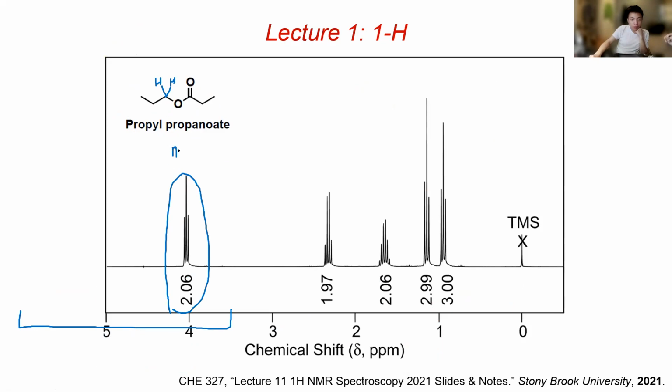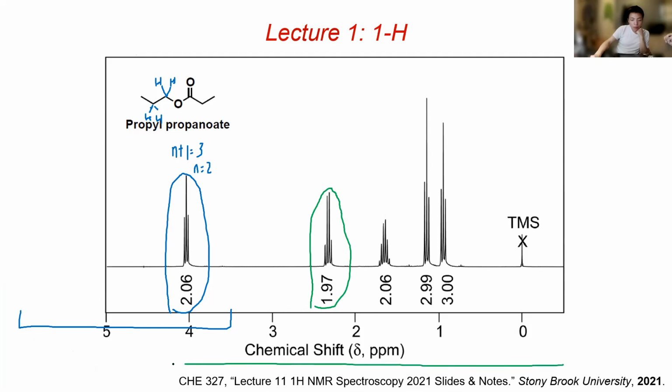That makes sense because n plus 1 is equal to 3 and n is equal to 2. There's 2 neighbor hydrogens. That proves it. How about this one? There's a de-shielding effect.